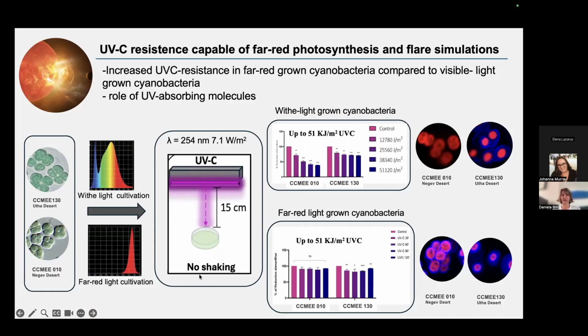Then when we used the strains cultivated under far-red light, we saw that the other strain was now more resistant. We also noticed an increase of the UV-absorbing pigment in the first strain, but also the appearance of these compounds that we think contributed to the increase of the UV resistance of these cyanobacteria.